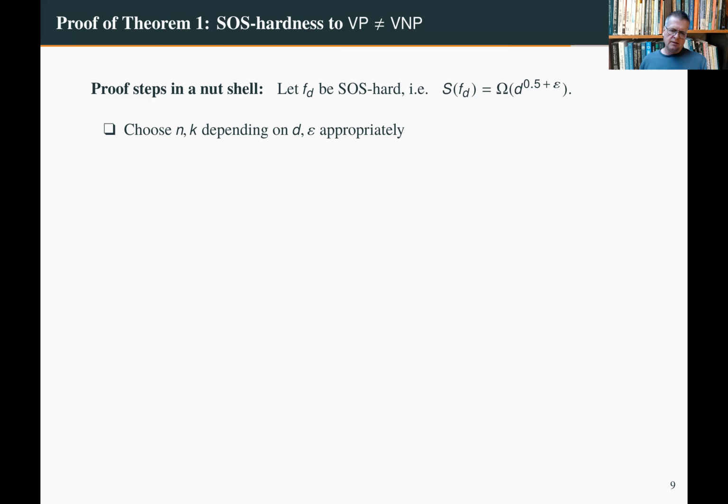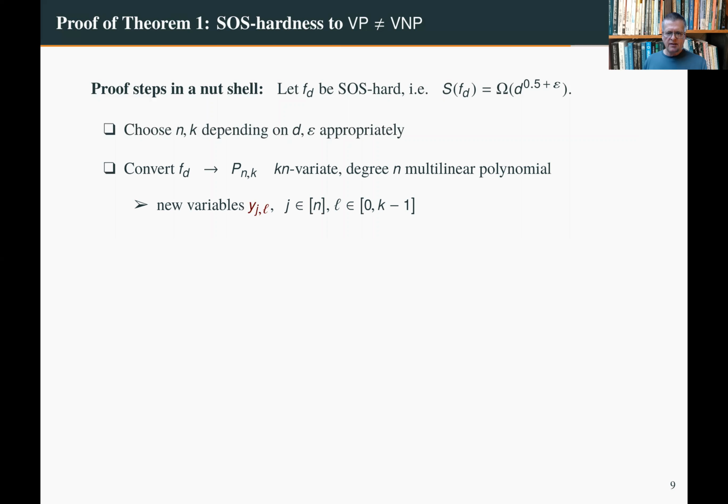So the crucial thing is to set up parameters right, and this is not trivial. So we choose values n and k that depend on d and epsilon, and this has to be done appropriately. And I will not put the formulas here on the slides, so you can look at the paper, but this is crucial.